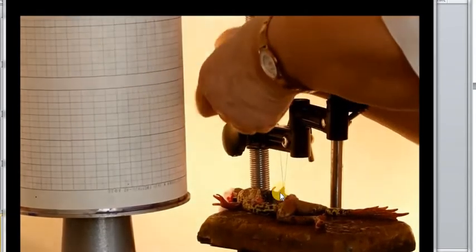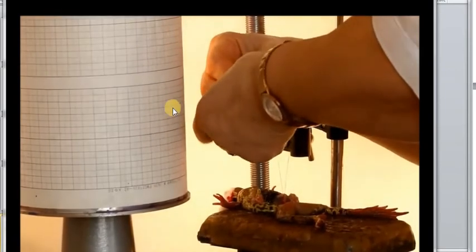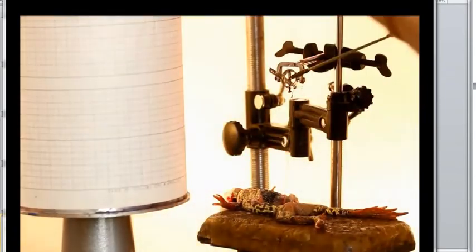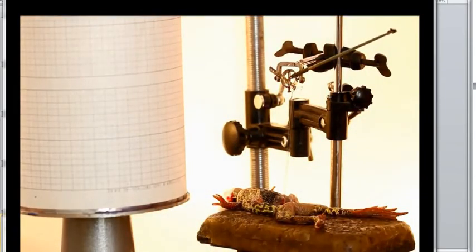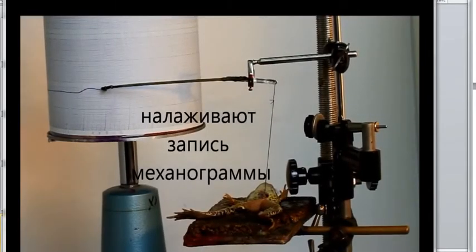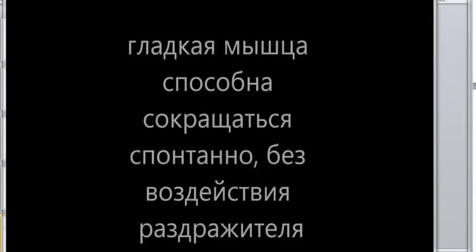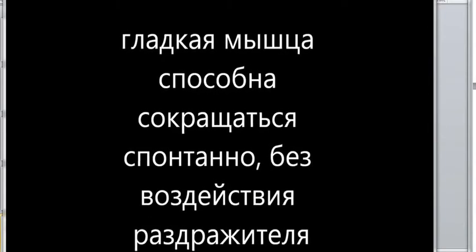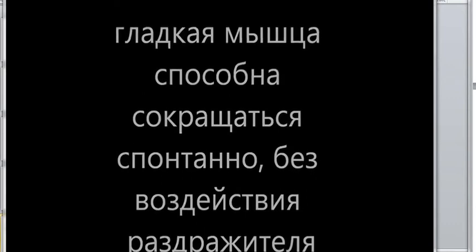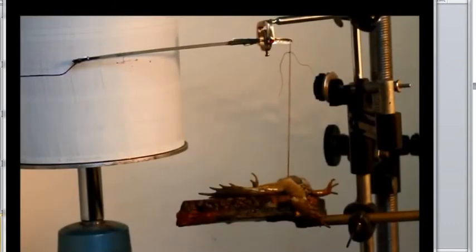It is part of the wall of the digestive tube, and let's watch the video. This muscle can contract automatically without any irritation, without any electricity stimulus.